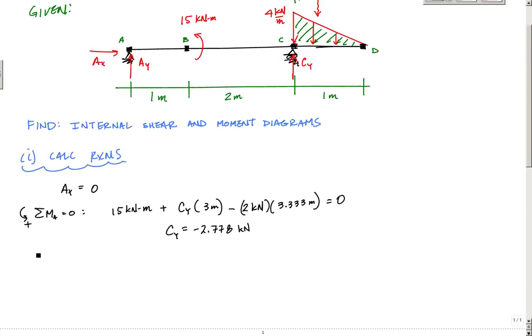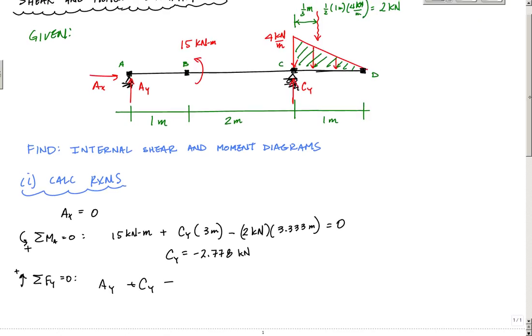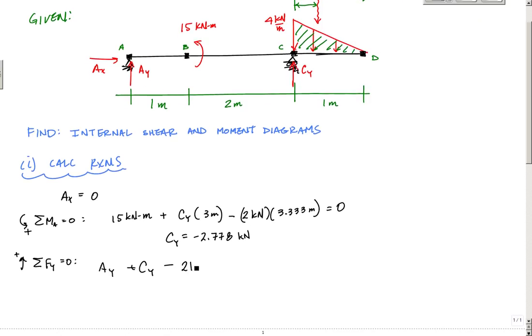And so when I do my sum of the forces in the y to solve for Ay, positive upwards equals 0, I'll have Ay plus Cy minus the resultant of this linearly distributed load, minus 2 kilonewtons, equals 0. I'm going to make sure I plug in a negative 2.778.